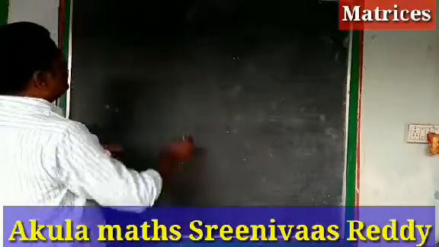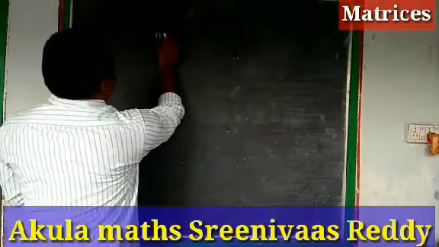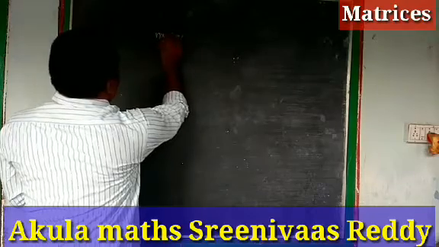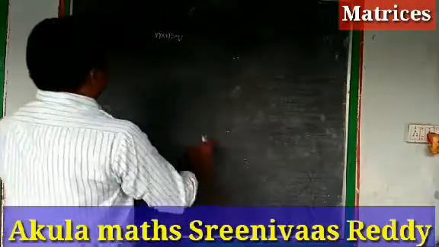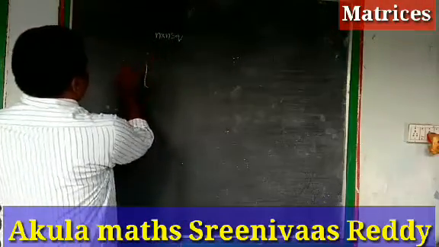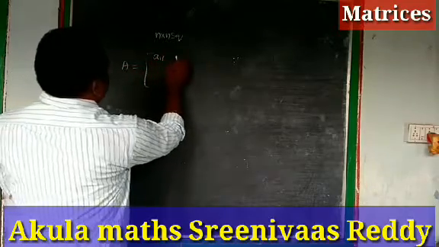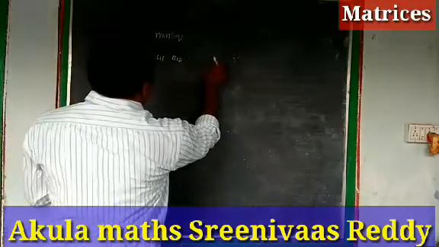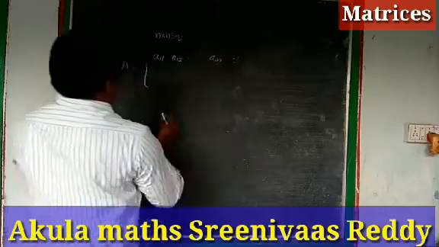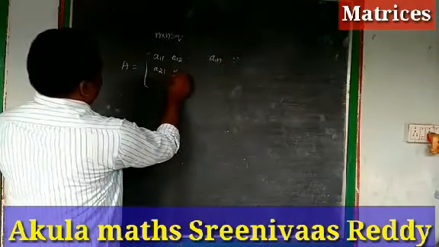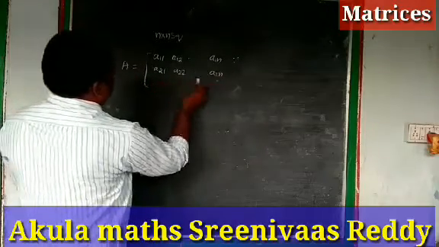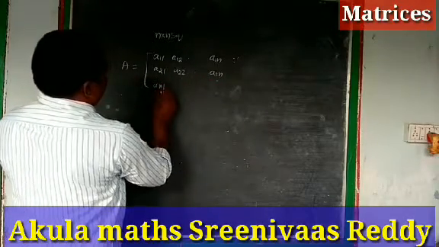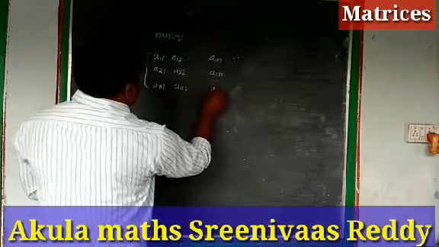We may take an n by n square matrix. Principal diagonal elements: A11, A12, and so on, A1n; A21, A22, and so on, A2n; and so on; An1, An2, and so on, Ann.